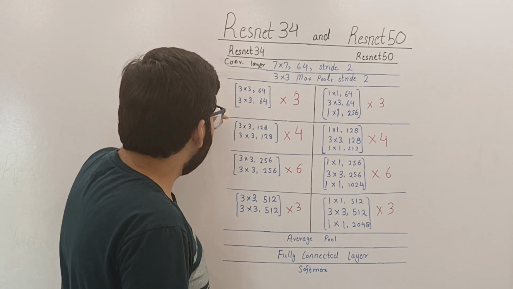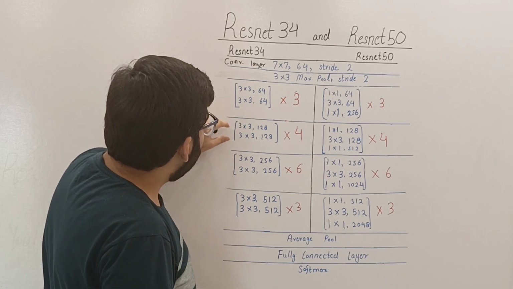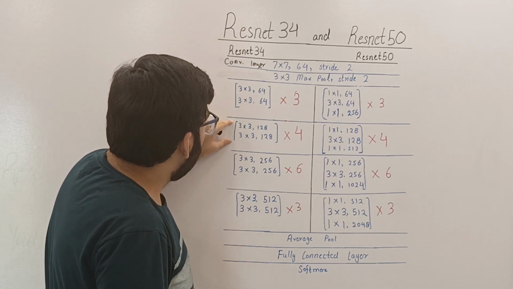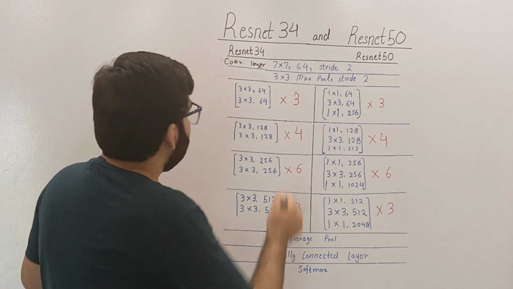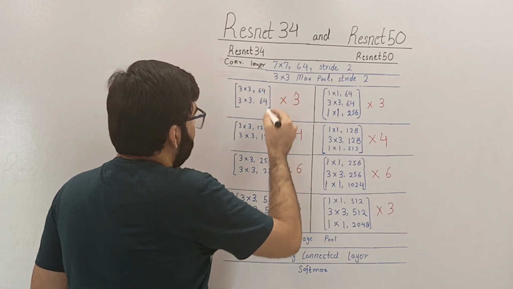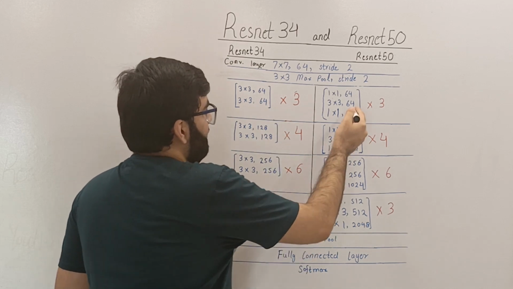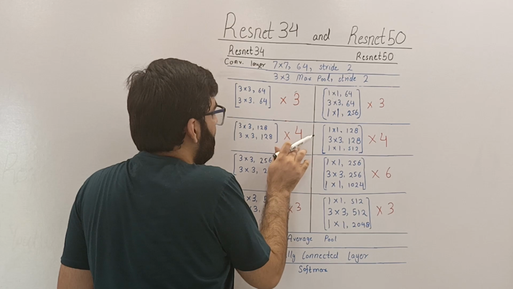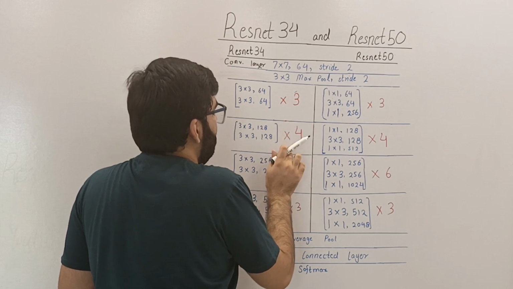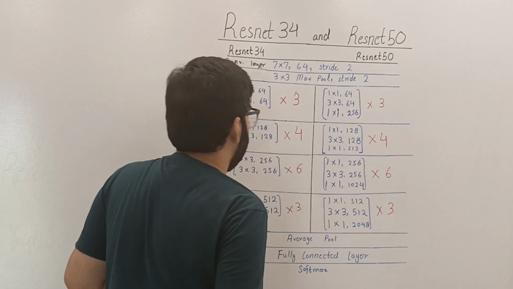Now, in the next portion, the residual block is almost the same as the previous one, except that the number of filters is multiplied by 2. Same case here. And these residual blocks now occur 4 times in both ResNet 34 and ResNet 50.